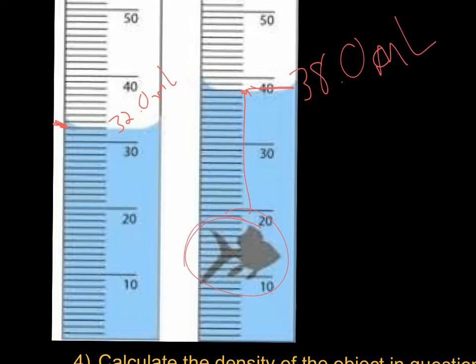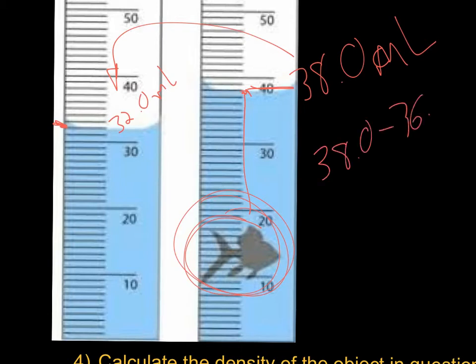So to find the volume of the fish, we find the difference between where we started and where we ended up. So we would do 38.0 minus 32.0, and we get a volume of 6.0 milliliters for the fish.